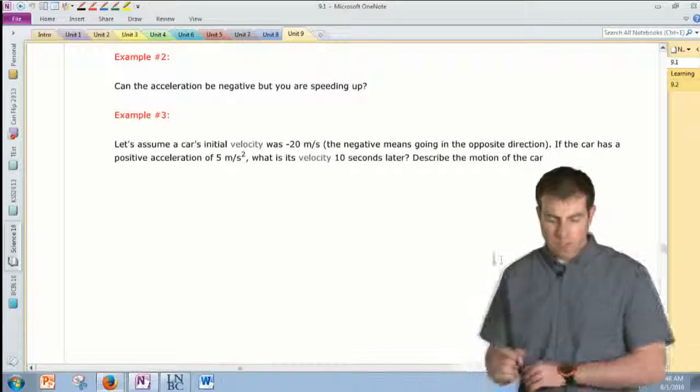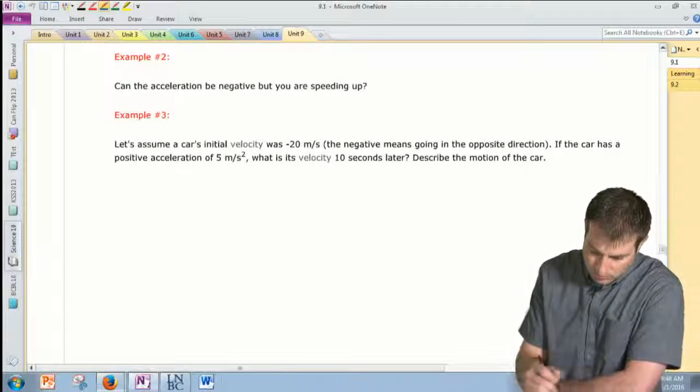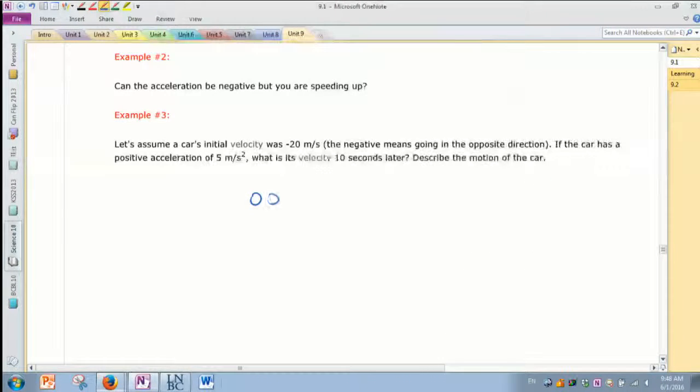All right, so I'm going to draw a car. Here's my car. That's a beautiful looking car. So the car's initial velocity was negative 20 meters per second. So it's going backwards.